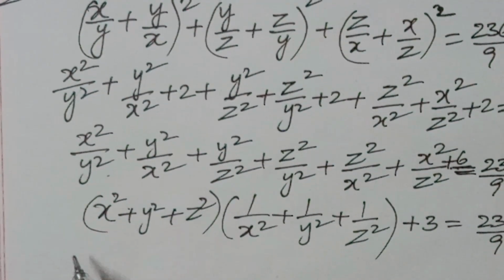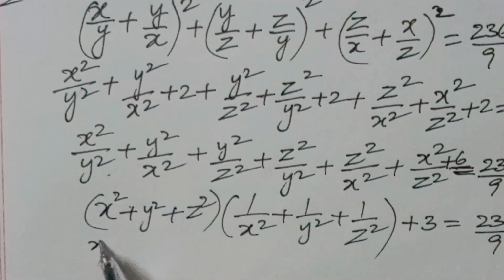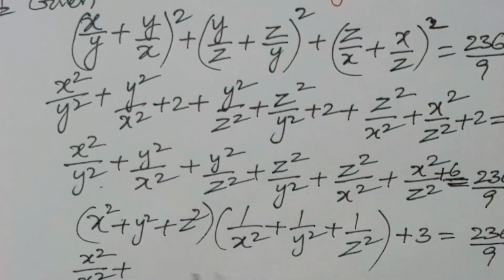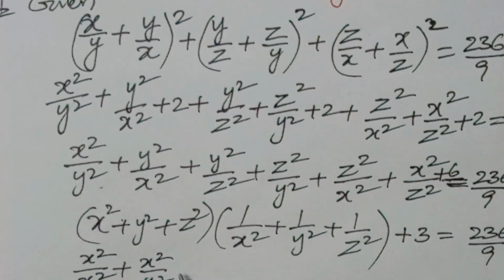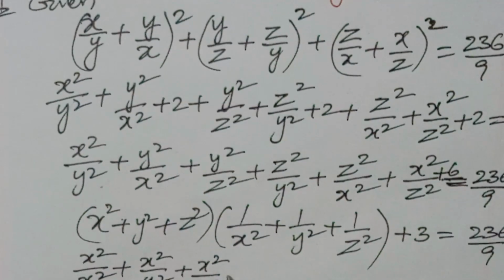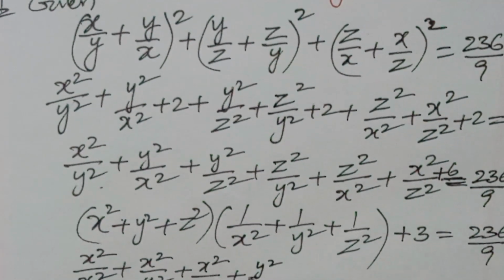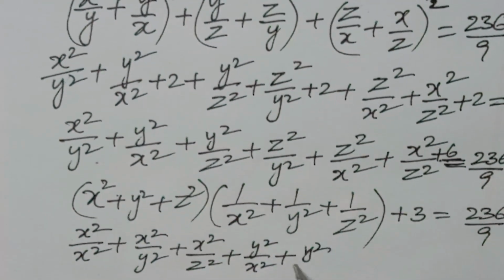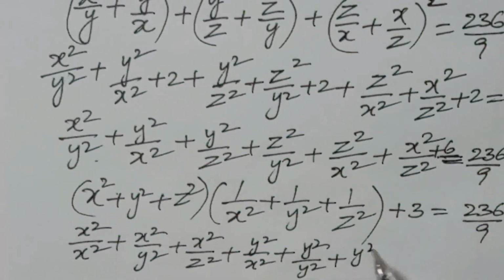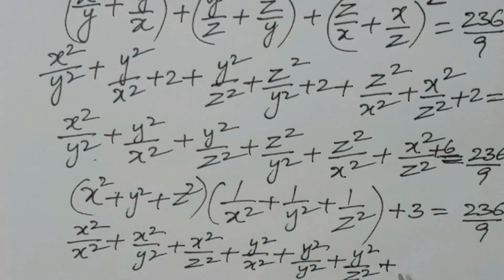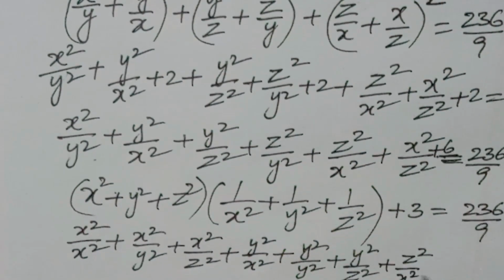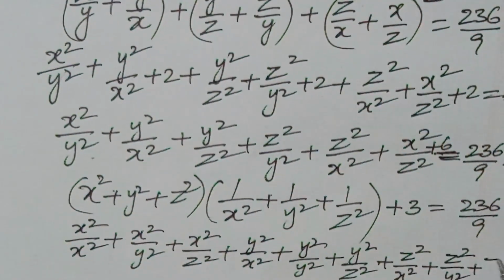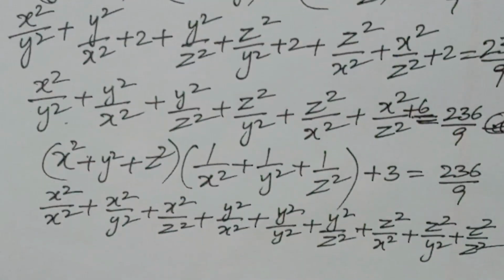So here x square by x square plus x square by y square plus x square by z square, y square by x square plus y square by y square plus y square by z square, z square by x square plus z square by y square plus z square by z square.